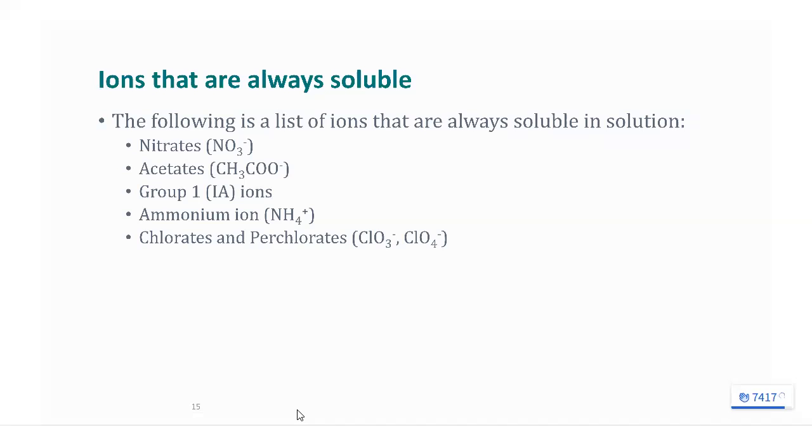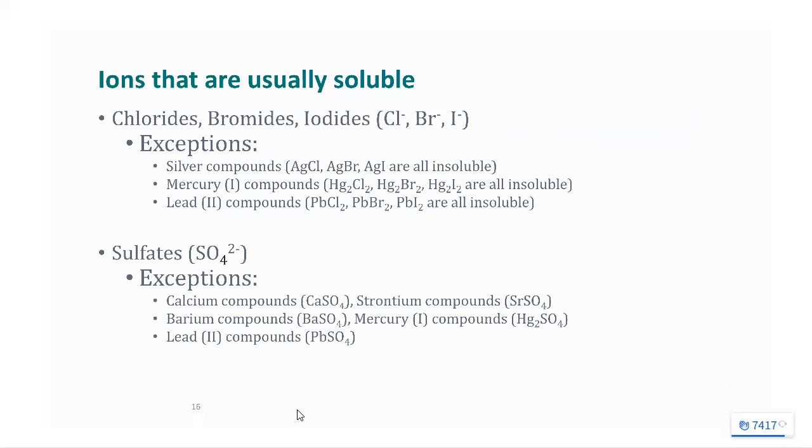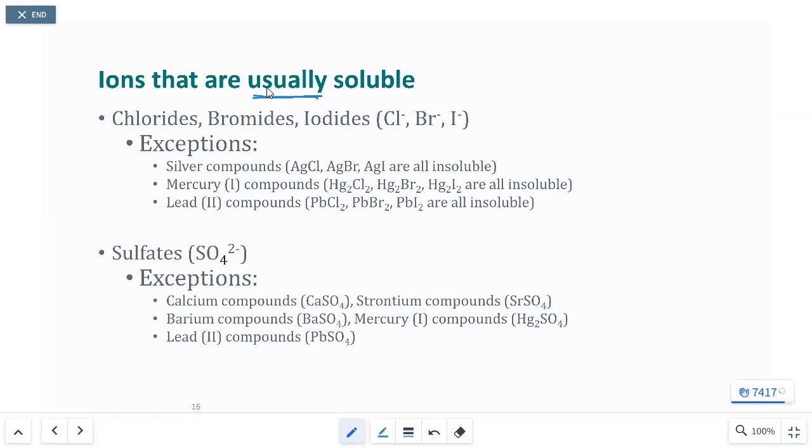Middle category, these are ions that are usually soluble. Now, in both of the next categories, we're going to see this word usually. And what that means is that basically, as a blanket rule, we can expect them to behave according to their category.